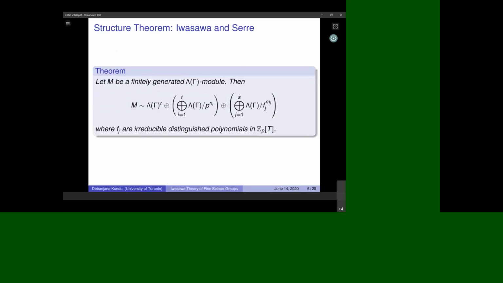Here M, this twiddle that I have over here, means a pseudo-isomorphism. That means it's a homomorphism with a finite kernel and a finite cokernel. So you have any finitely generated Lambda_Gamma module pseudo-isomorphic to a free part, and then you have these torsion parts.